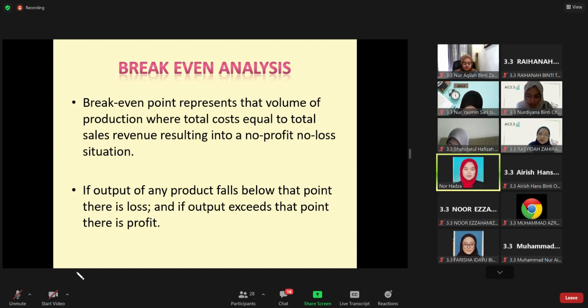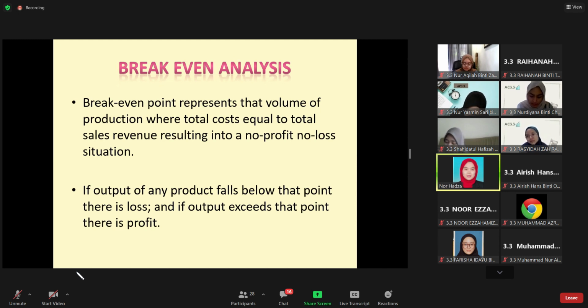Meaning that the cost that you incurred to produce the product is equal to the total sales revenue. Let's say the cost that you incurred is 5,000, and the sales revenue from this product is also 5,000. So there will be no profit, no loss.